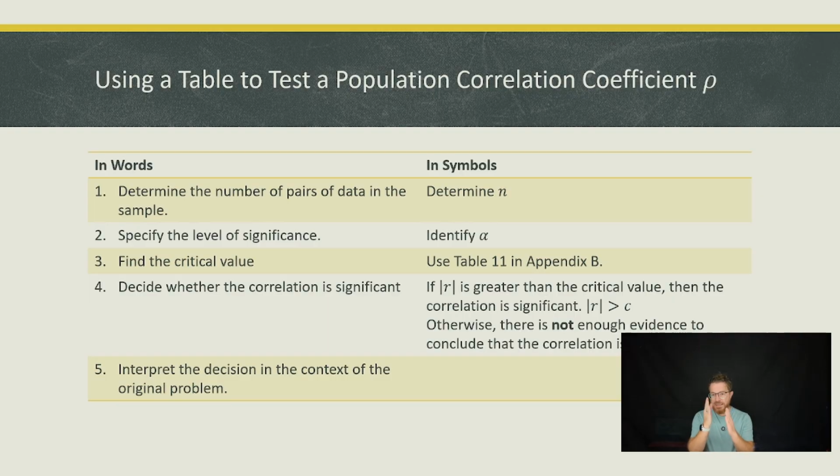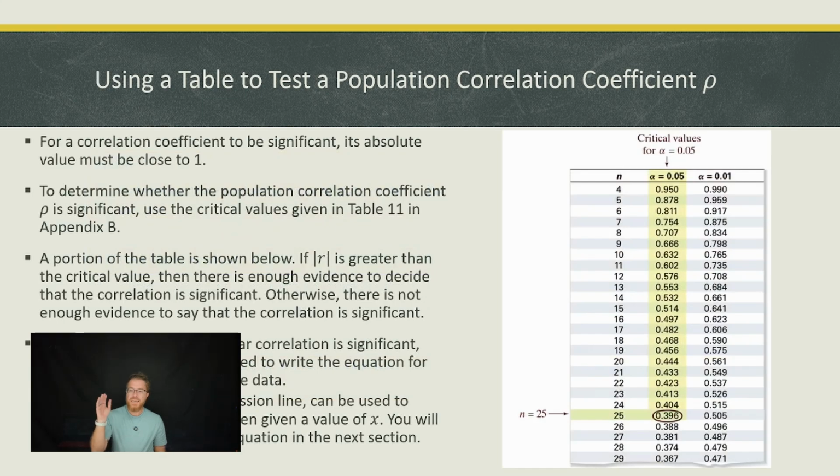Let's go back to that table really quick and talk about it for a second. At the top, you're going to see n, alpha equals 0.05, and alpha equals 0.01. Along the left-hand side, you're going to see numbers 4, 5, 6, through about 29 in this table, though other tables will continue on. This is just a snippet of a table. If you look at the value that's circled here, we have n equals 25.